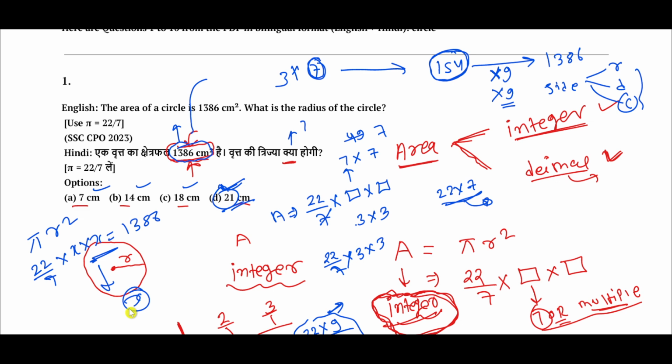But if you explore your thinking process, if you develop your concept and depth, you can easily find out my value, what value you have been given, what value in the question you know. The nature of the value, integer or decimal, is the basis.